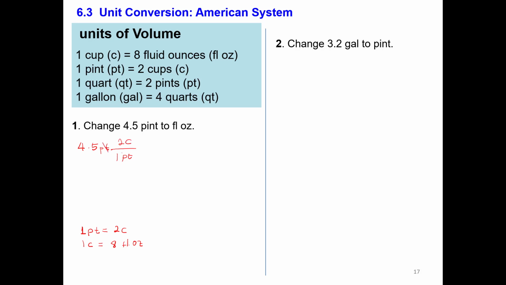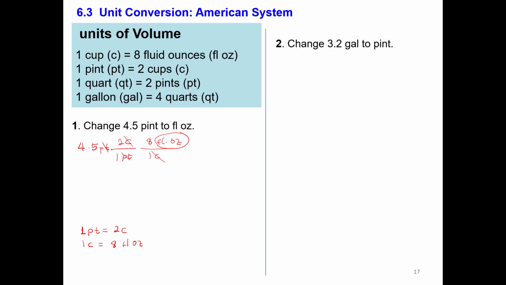The pint cancels out, but we want fluid ounces. Then we need to use the next conversion factor, written in the way that the cup cancels out. We need 1 cup here and 8 fluid ounces. The cup cancels out, and we have the final unit in fluid ounces, which is the unit we want.